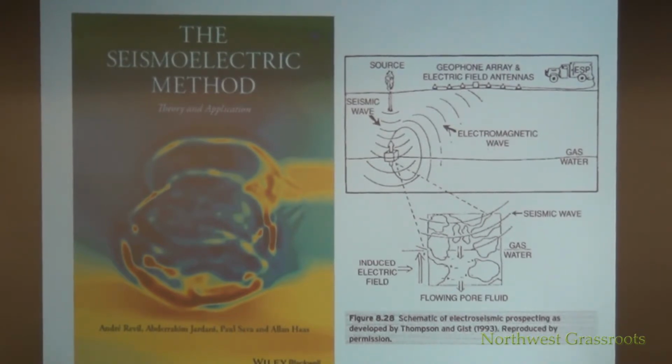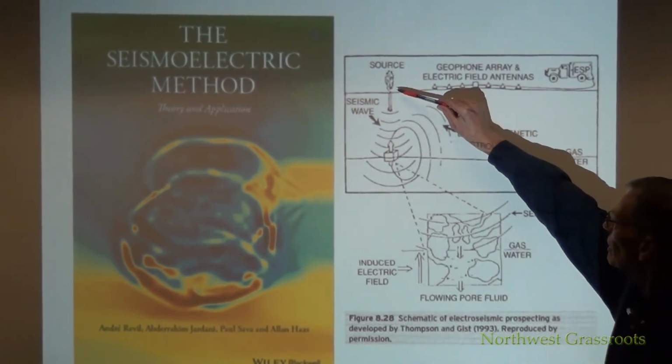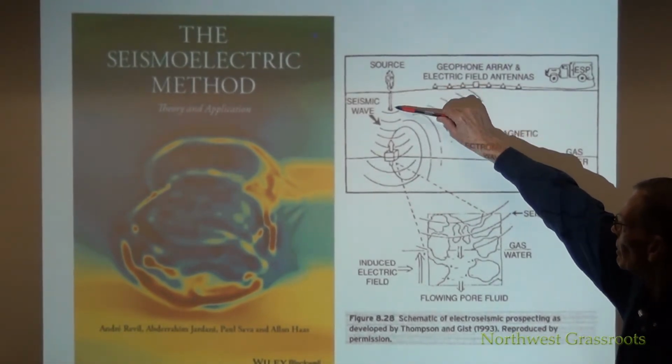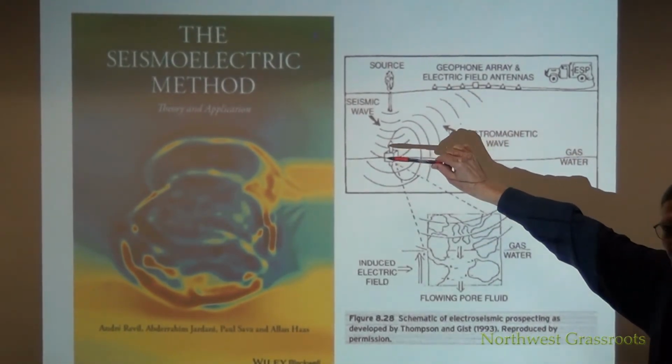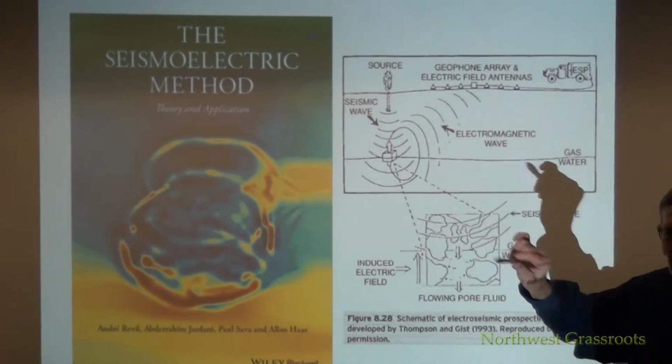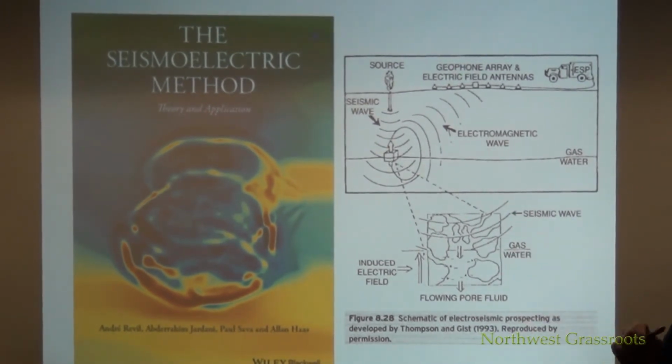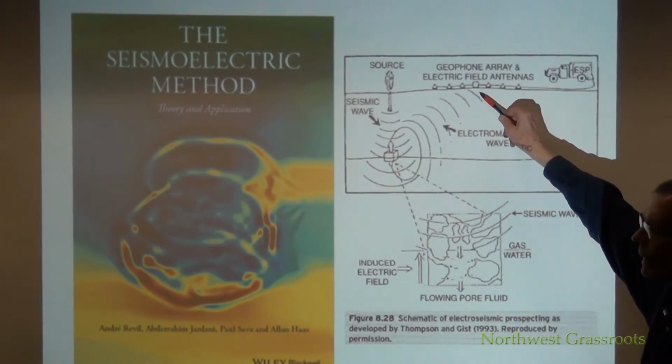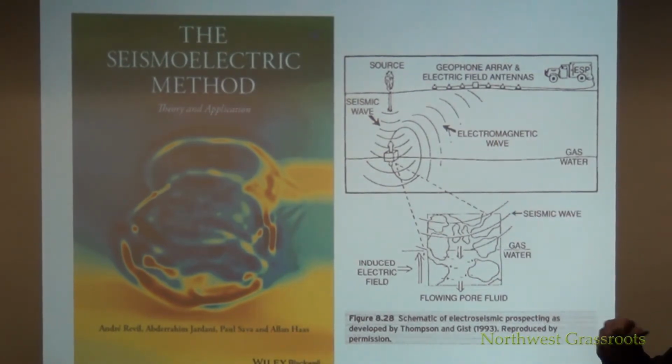What happens here is that the seismic shock wave goes down and intersects a water zone. The water zone makes a battery effect, and this battery or self-potential effect has been known for more than 100 years. That battery effect creates a very small current, and then that current is read at a receiving station.